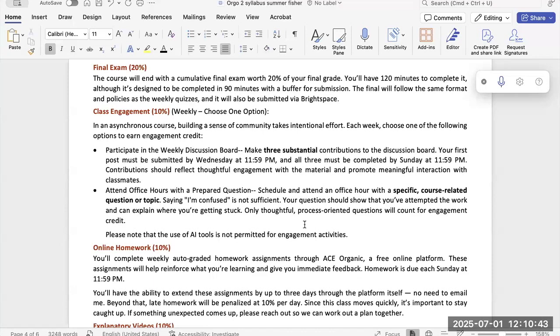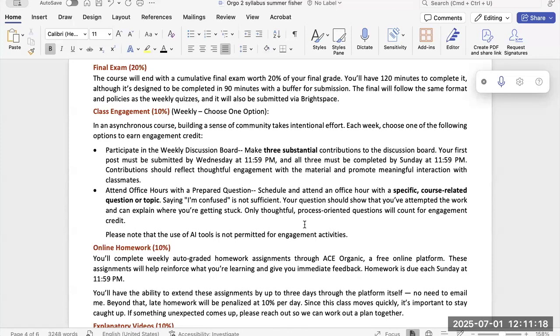One of those contributions has to be a response to somebody else's entry. So 3 substantial: 1 on Wednesday, 1 responding to somebody else's on Wednesday, and then Sunday can either be another response to a fellow student or another entry. This discussion board is me trying to make this course collaborative and create a community, even though we're asynchronous and online.